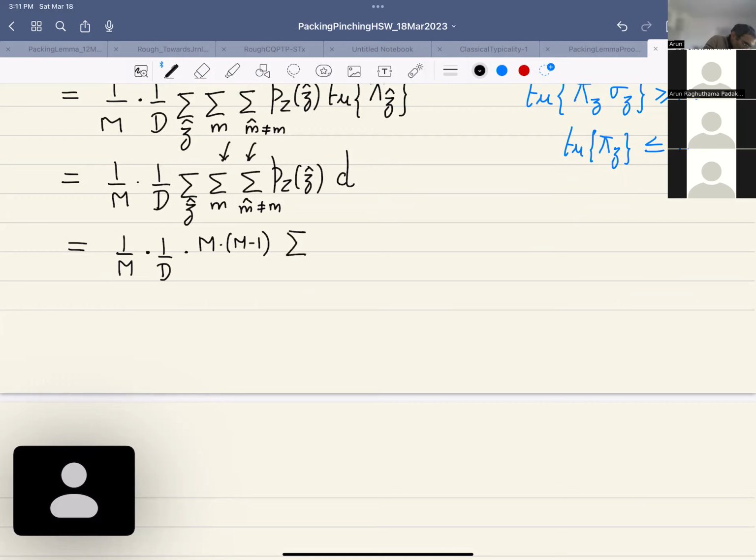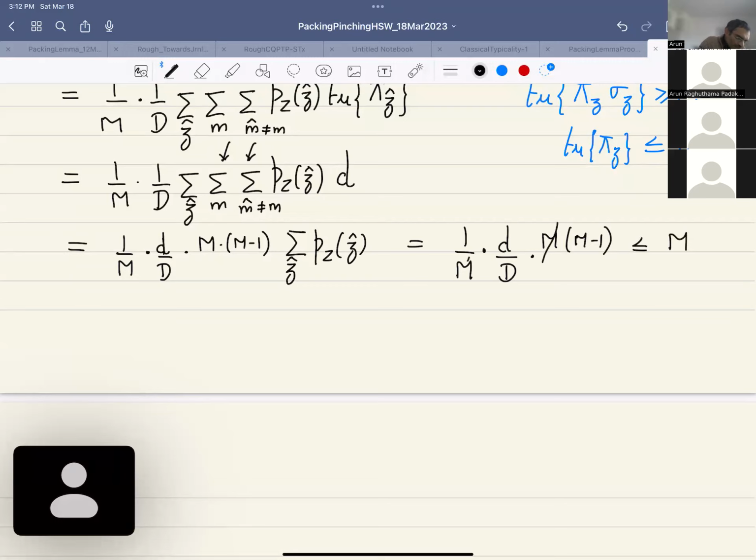I get the d out, and I have just a summation over p_Z(z-hat), and that's just going to be 1. So 1/M, d by capital D, times M into M minus 1. So that is at most M. One of the M goes, and the M minus 1, I'm not going to worry about it. I'm just going to say Md/D. So the second term is indeed at most Md/D.